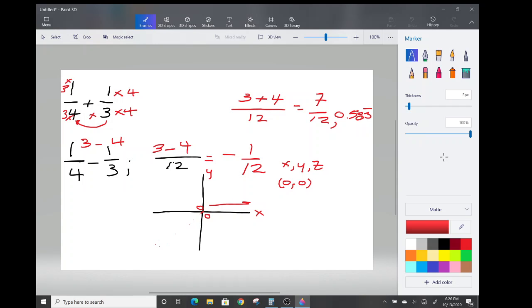This way along the x is positive, and this way along the x is negative. I'm going to put a little arrowhead on there. This is negative, okay? This way along the y is positive, and this way along the y going down is negative, okay?